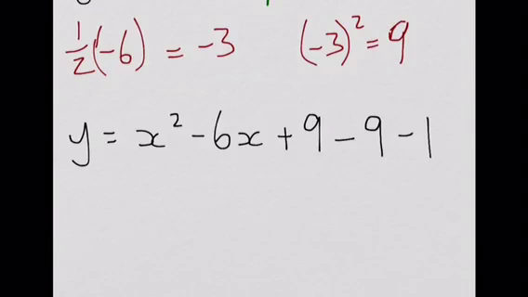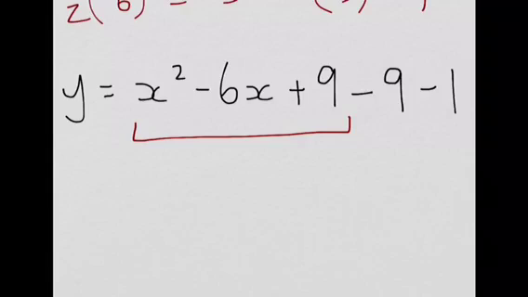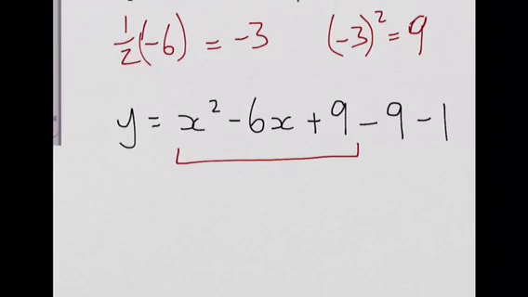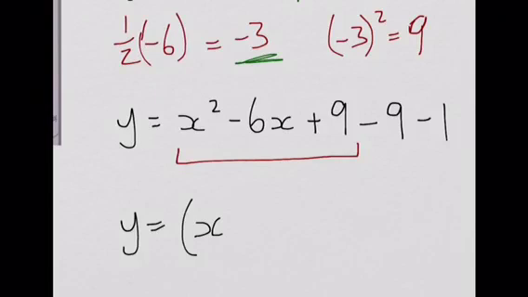Now we have here x squared minus 6x plus 9, a perfect square. So we get again our half of the x coefficient that we got before. That's going to be in our brackets. So y equals x minus 3 all squared. And now if you expand that out, x times negative 3 is negative 3x.